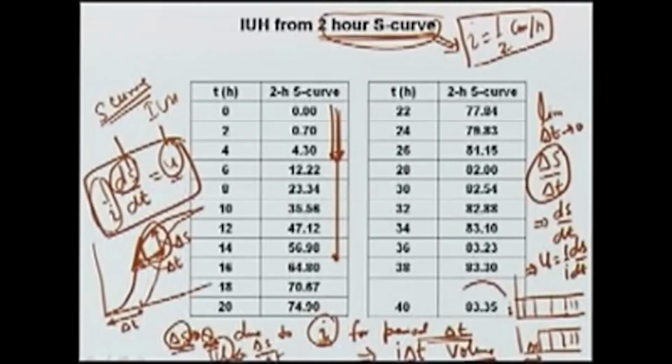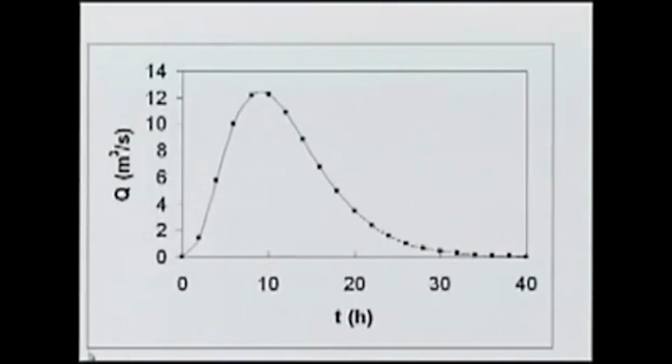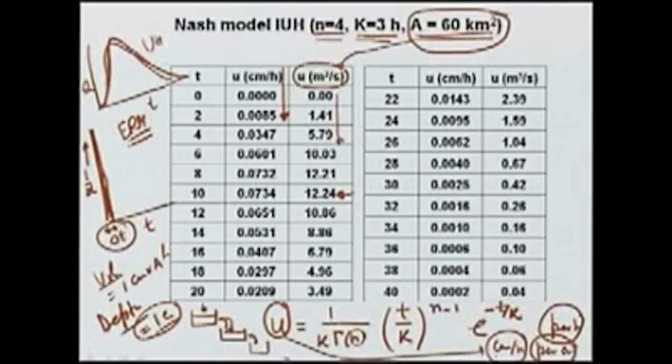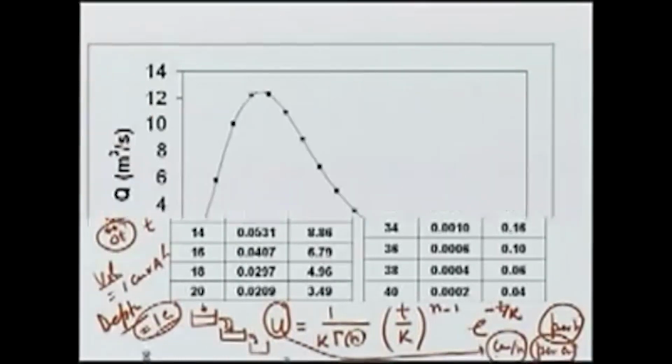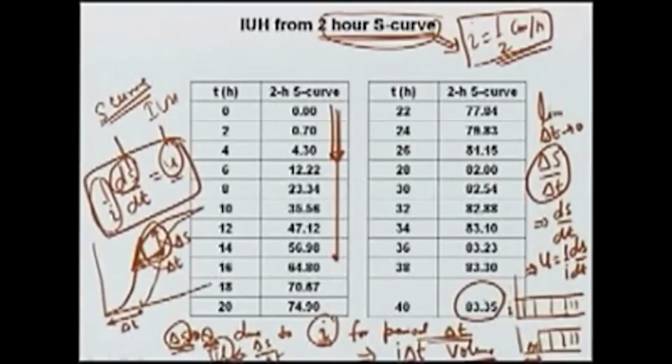Maximum value of 83.35, which corresponds to intensity half centimeter per hour over an area, which in this case is given as 60 kilometer square. If the intensity is taken as half centimeter per hour, it will result in an ordinate of 83.35 at the end, or the asymptotic value.